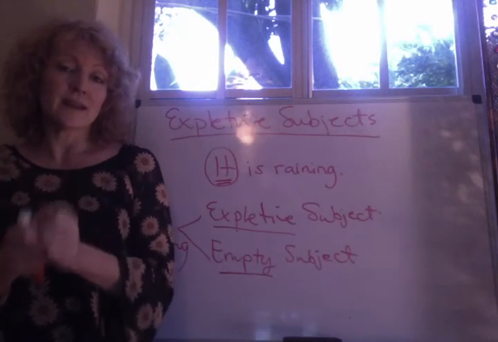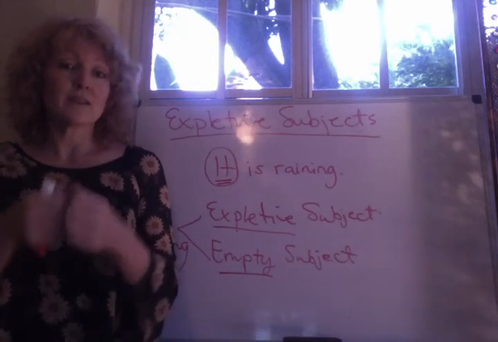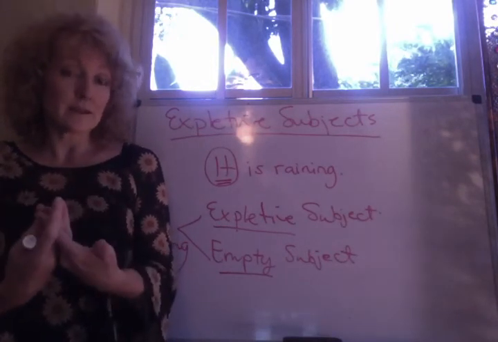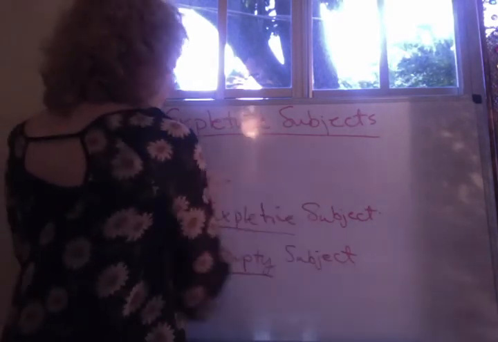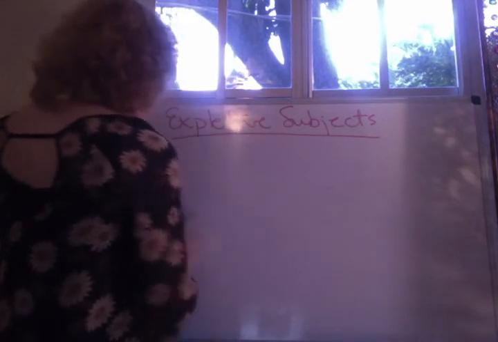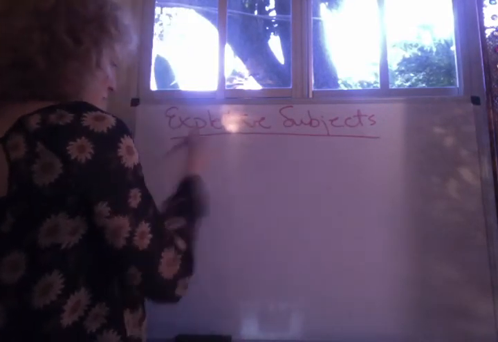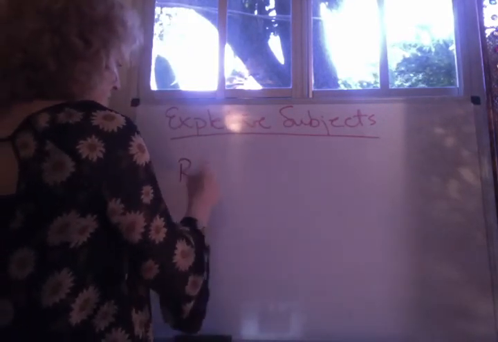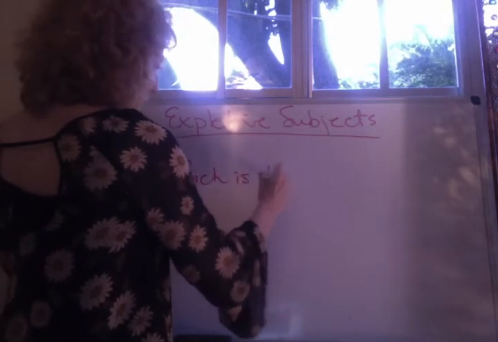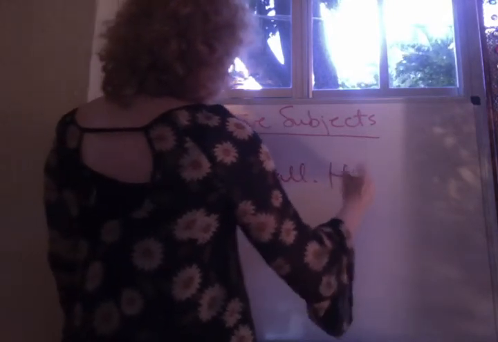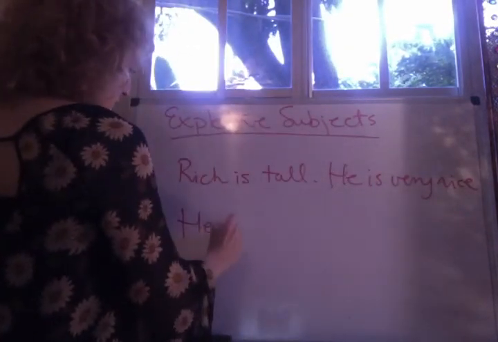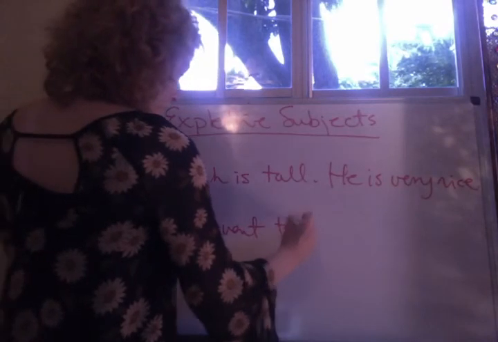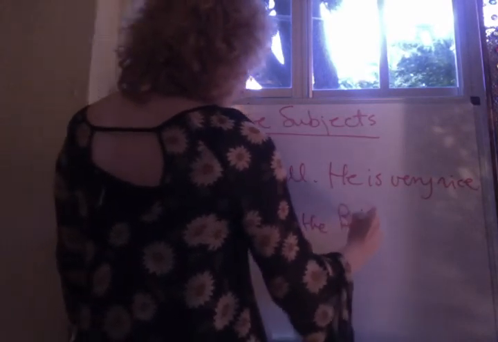Every sentence has to have a subject that is spoken in the sentence. So for example, if you think about a sequence of sentences, if you have the sentence, Rich is tall. He is very nice. He went to the Bahamas.